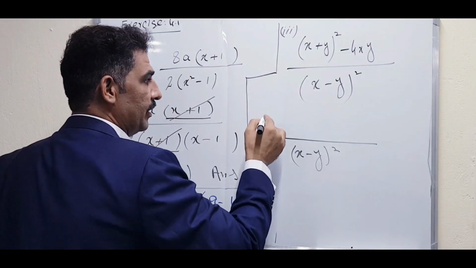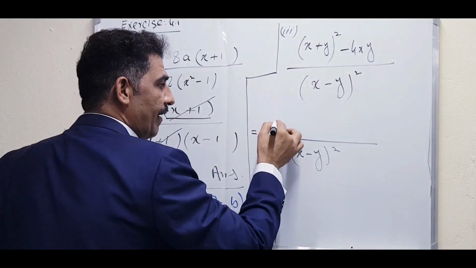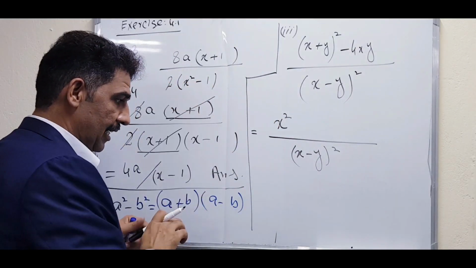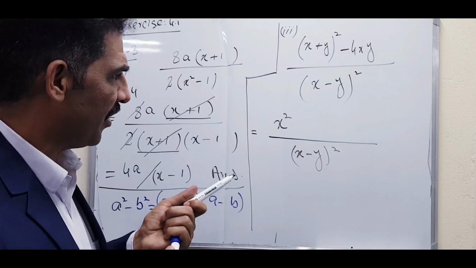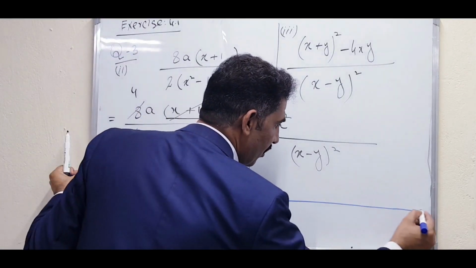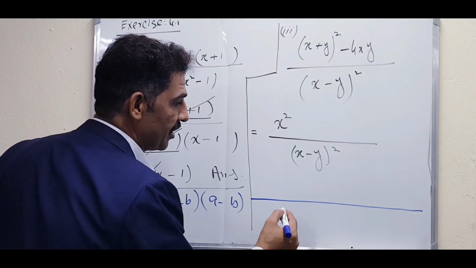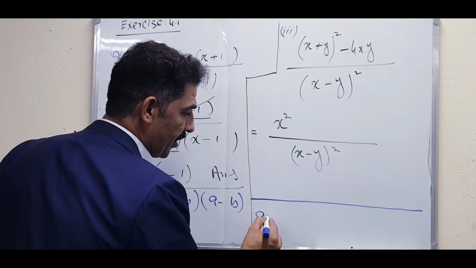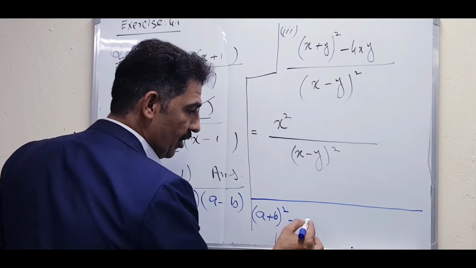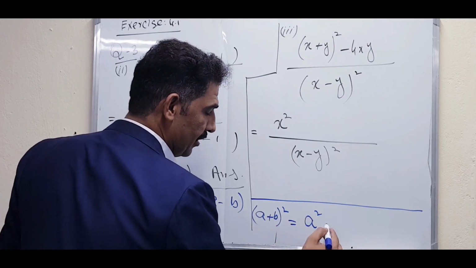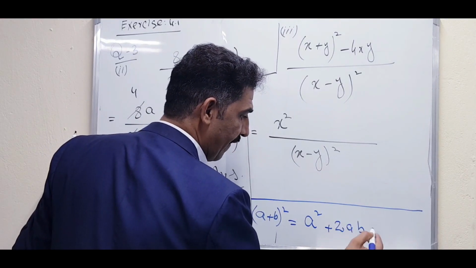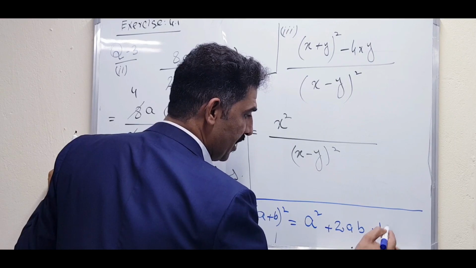Expand this square. Yes, according to the formula, square of the first element. First I will explain, write the formula. Students, please tell me the formula of this one. A plus b whole square is equal to a square plus 2ab and plus b square.